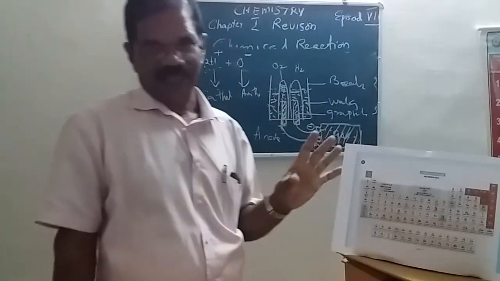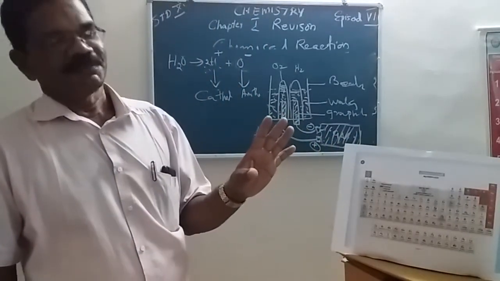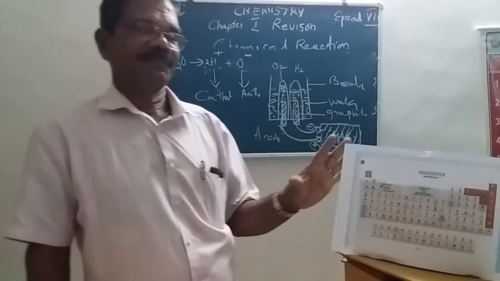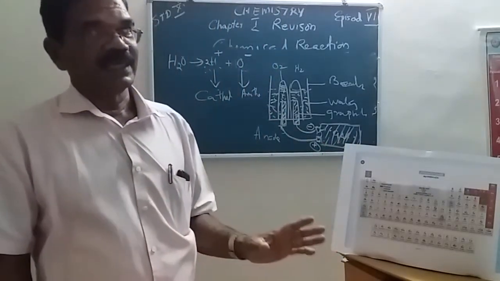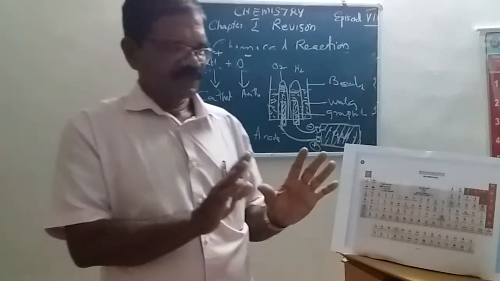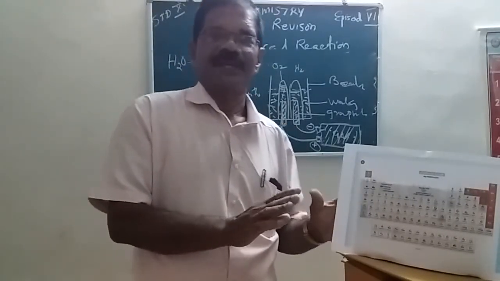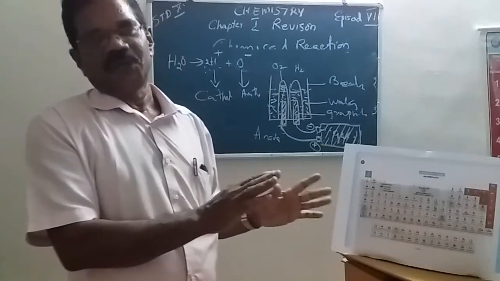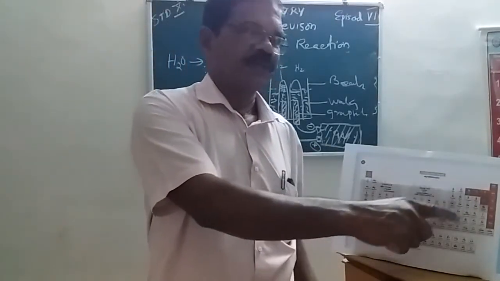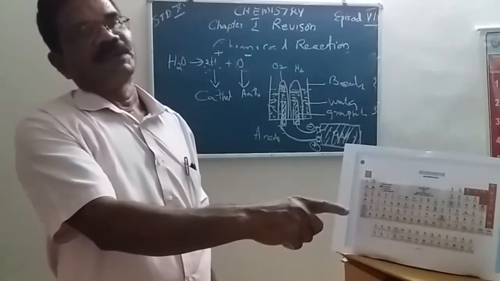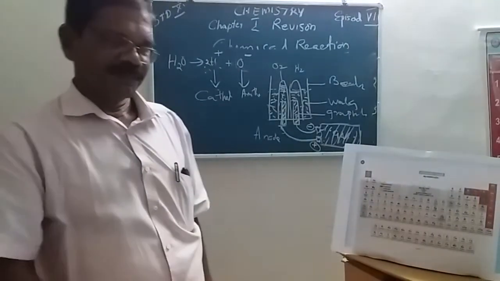So today itself, make a simple, small periodic table. There is no expense. You only need the binder of an old notebook and a small periodic table downloaded from the net and printed.